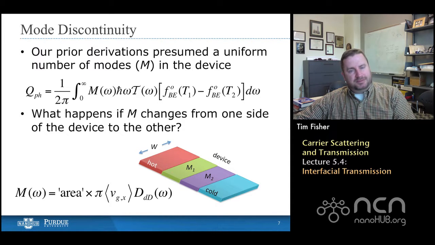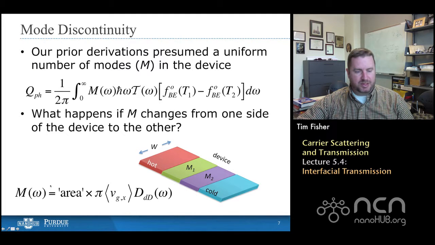And what we did before, we were always presuming that the device had the same number of modes throughout it. That's the concept that we talked about in week 4. But now, with this problem, we'll have the potential for having different numbers of modes on either side of the interface inside of the device. And just to remind you, the number of modes in the device is related to the number of transverse wavelengths or half wavelengths that can fit into the device.